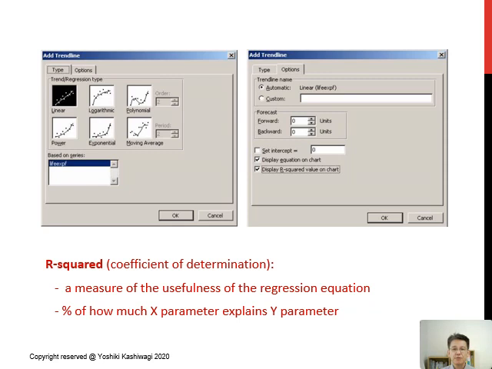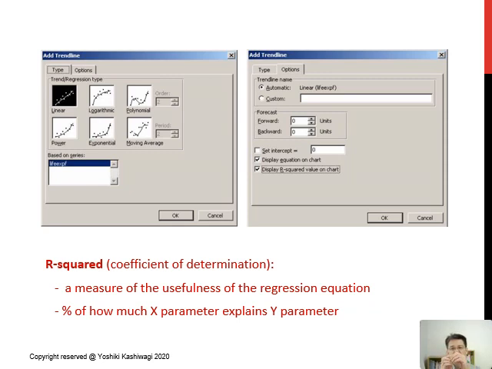This is a measure of the usefulness of the regression equation or formula, how useful it is. The maximum value of this R-square is 1. If all the original data are on the straight line, with no gap from the straight line, in such a case, you get 1 for the R-squared.